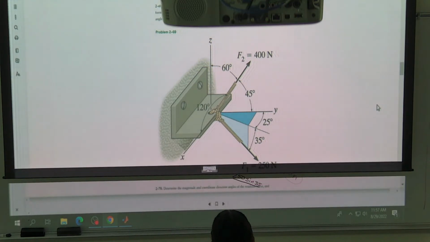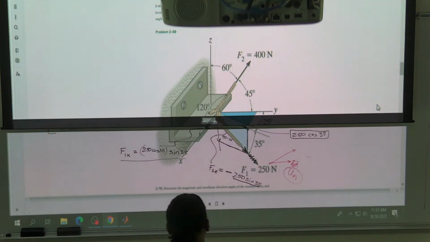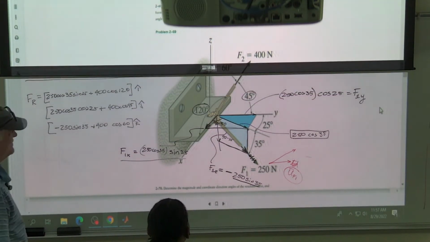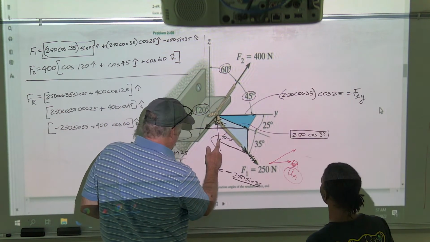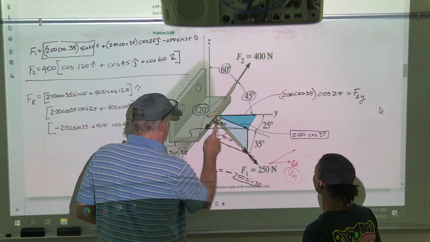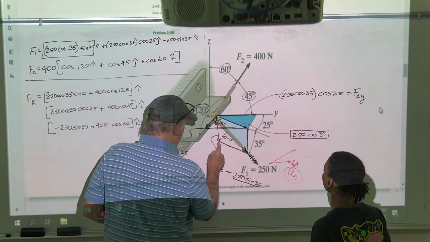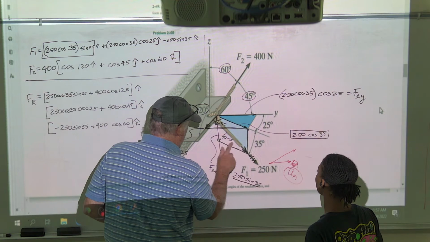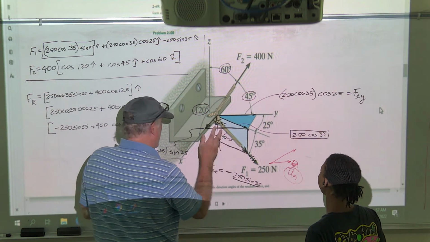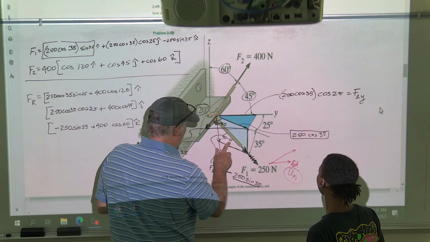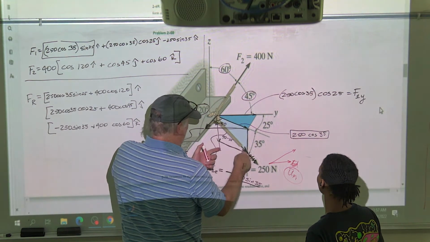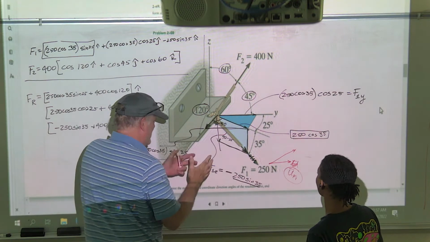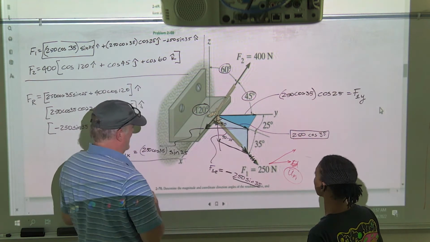Well, that's kind of what I'm trying to do with this online stuff. I made a little square box, and then that's 90 minus 35, or the other one, which is the 250 sine of 35. That's the way I always think: it's either dot product or it's the other one, which is a sine.